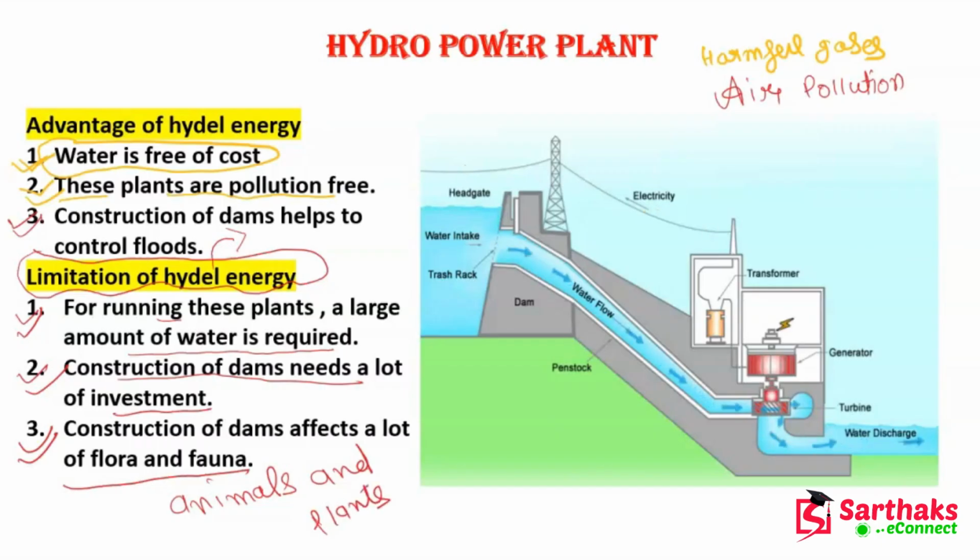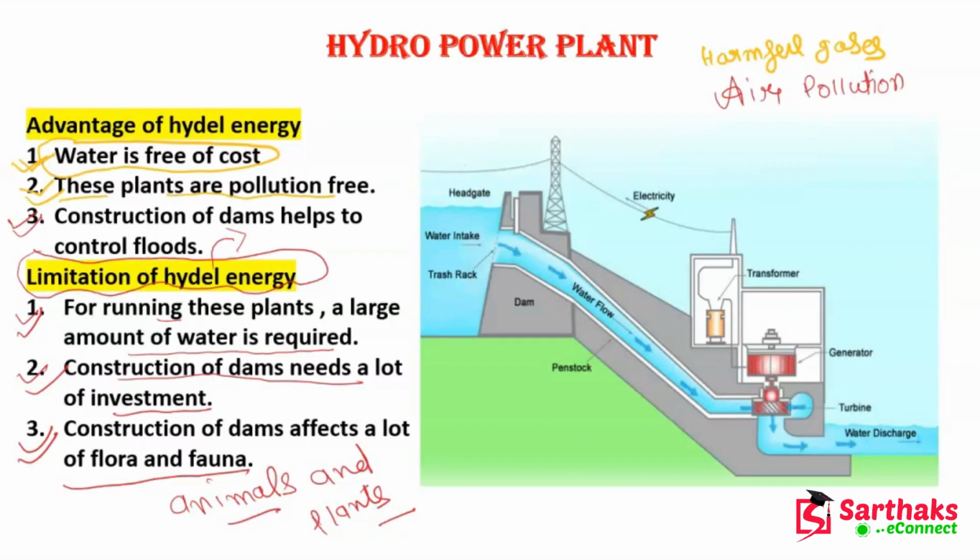So the construction of a dam will affect the animals and the plants as well, because water will not be accessible when we stop the water here. Water will not be able to reach the other part, so that's why it will also affect the flora and fauna. So I hope guys again this point is clear to you.